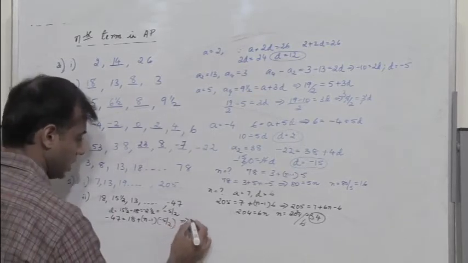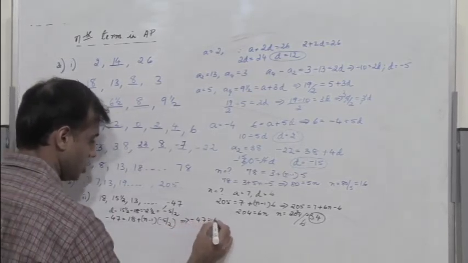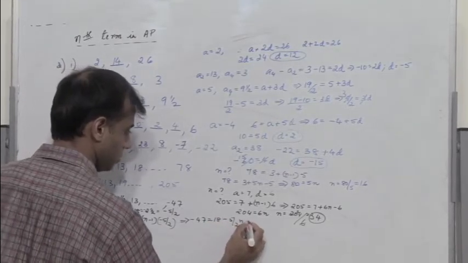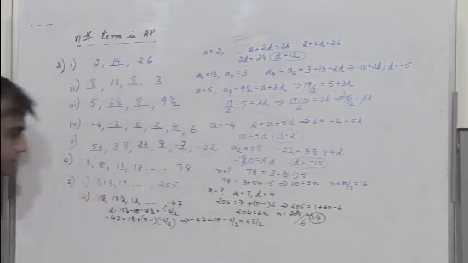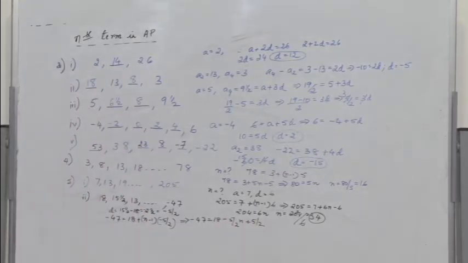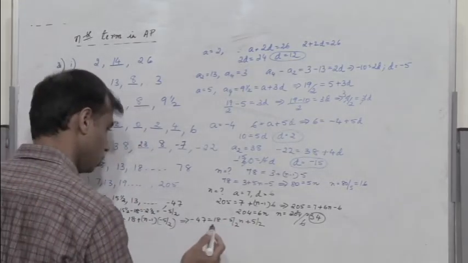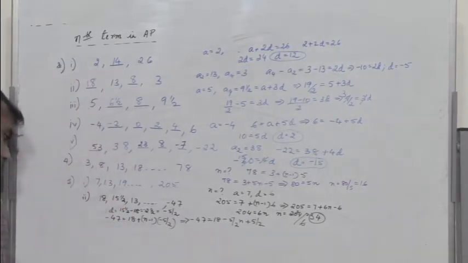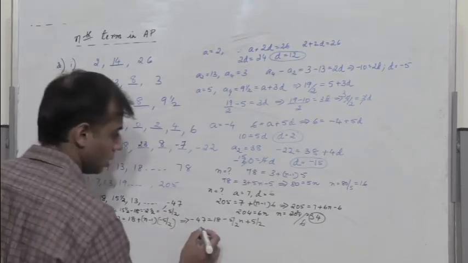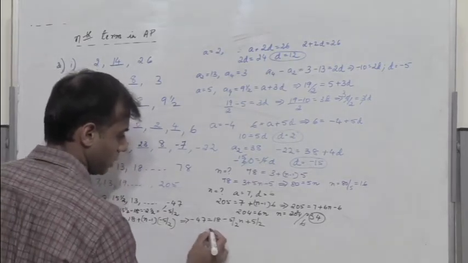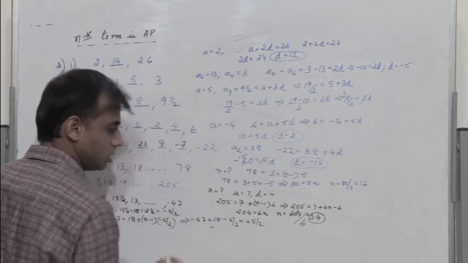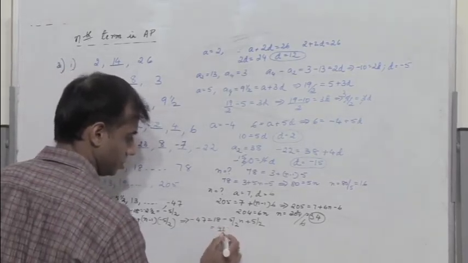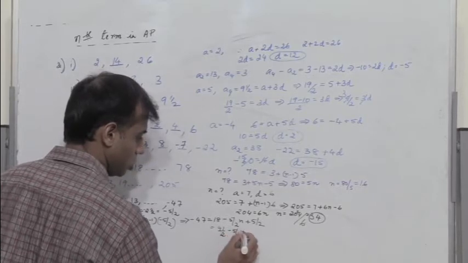So this implies I have minus 47 equals 18 minus 5 by 2n plus 5 by 2. Right? So when I add these two and bring it to LHS, here we have 18 into 2 is 36 plus 5 is 41 by 2 minus 5 by 2n.